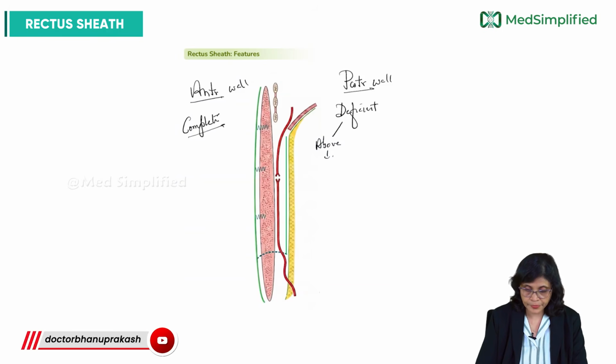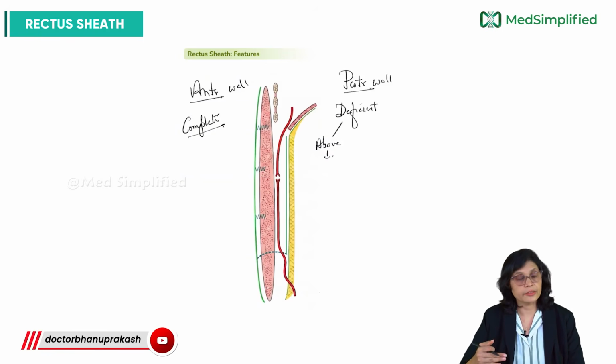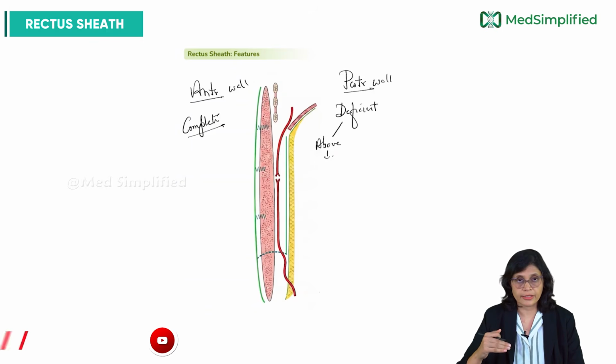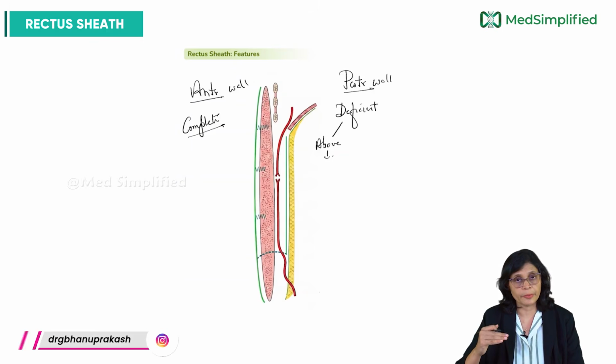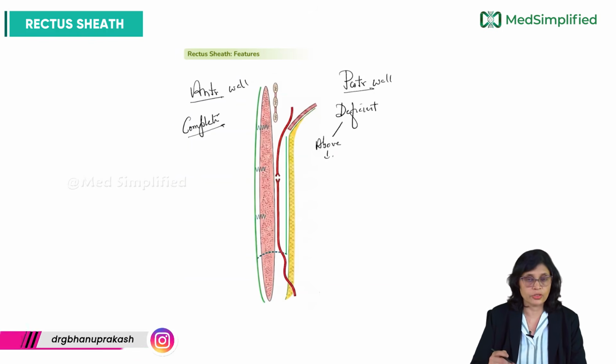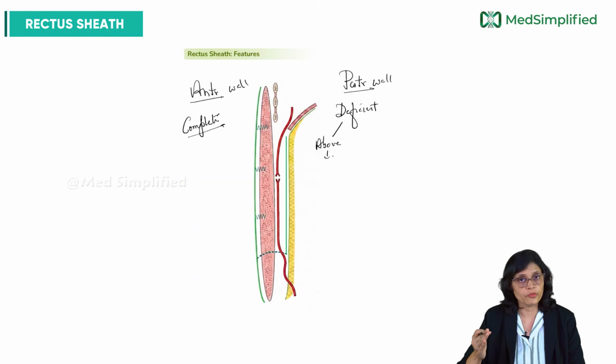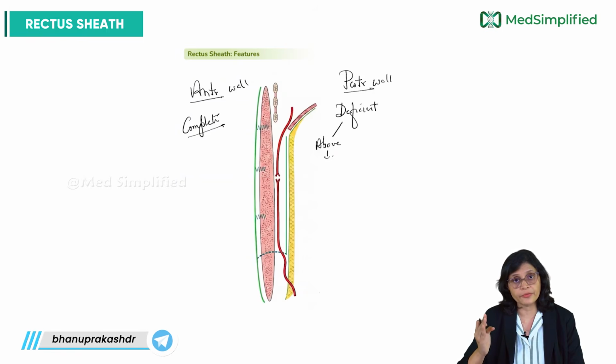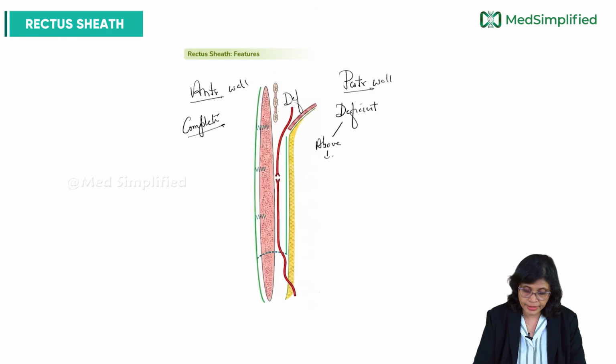Above the costal margin, the rectus abdominis muscle will be in direct contact with the 5th, 6th and 7th costal cartilages, where the posterior wall is deficient. The sheath is attached to the 7th, 8th and 9th costal cartilages.